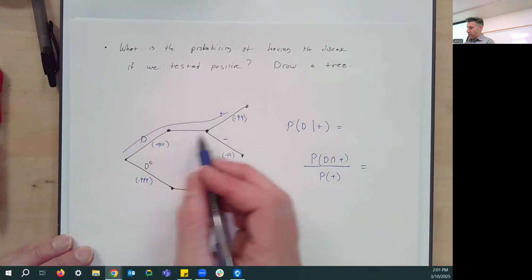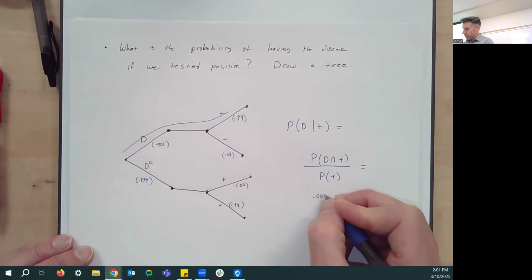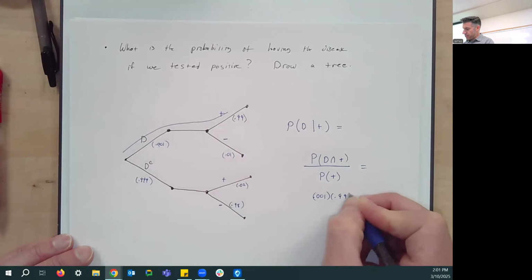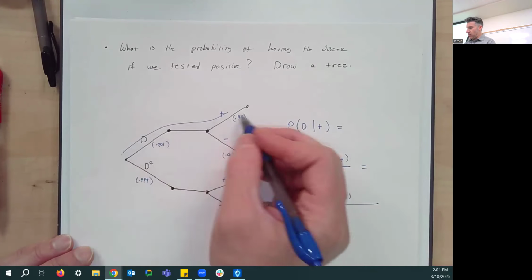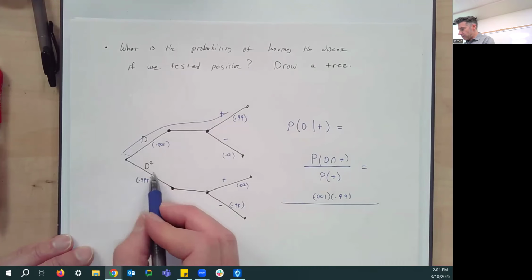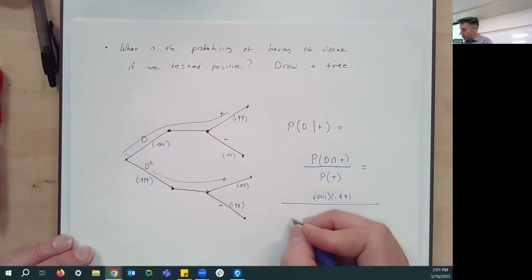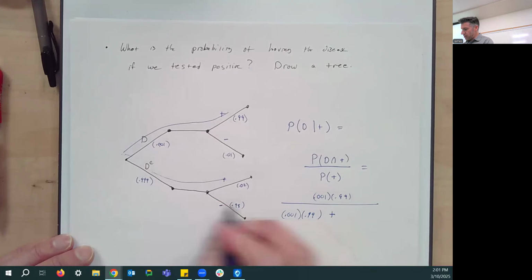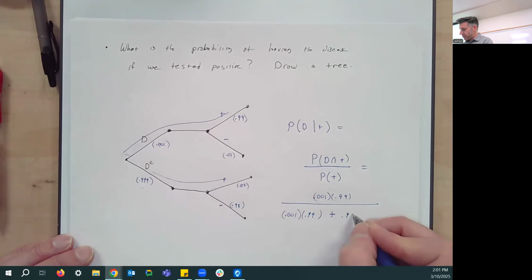So 0.001 times 0.99, divided by this pathway plus this pathway. So 0.001 times 0.99 plus 0.999 times 0.02.